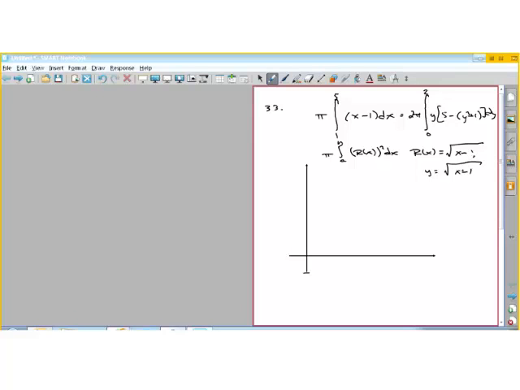So this is a square root function. When x is equal to 1, y is equal to 0, and then it goes like this. If we had y equals negative, it would look something like that. So this would be y equals the square root of x minus 1, and this would be y equals negative the square root of x minus 1.